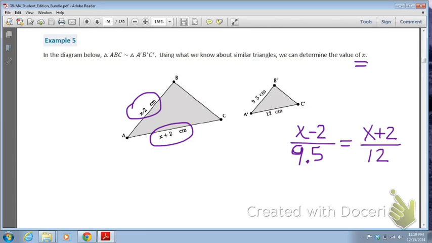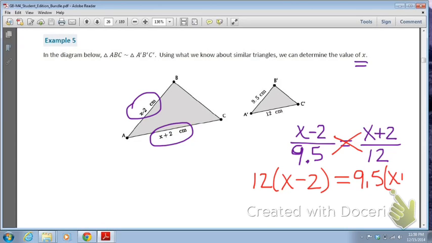Okay, so what we want to do now is, of course, multiply the cross products so I can have an equation that I can solve. And remember, we want to not forget to put these things in parentheses. 12 times x minus 2 is equal to 9.5 times x plus 2.